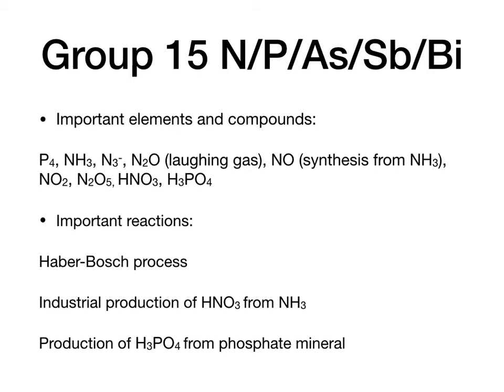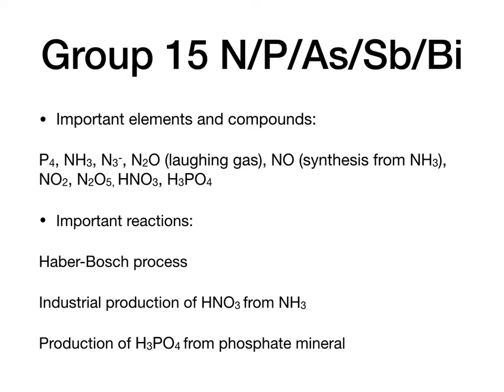NO2 can be produced by the direct oxidation of NO with oxygen. It is the direct precursor to the production of nitric acid in industry. The most important phosphorus-containing compound is probably phosphoric acid. It's an important industrial commodity for the production of fertilizers.